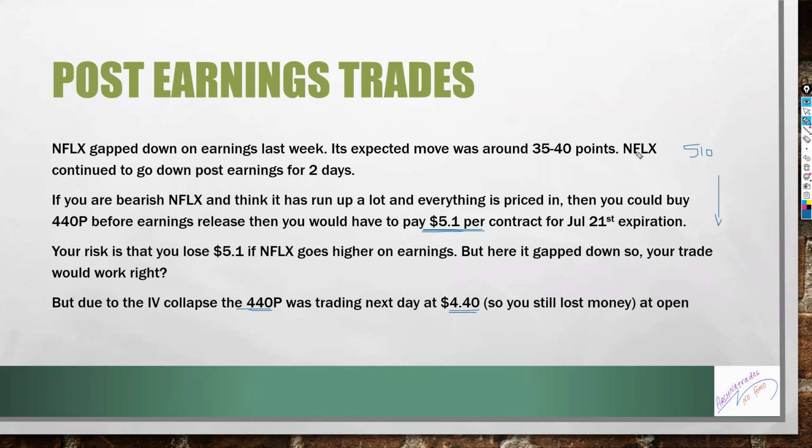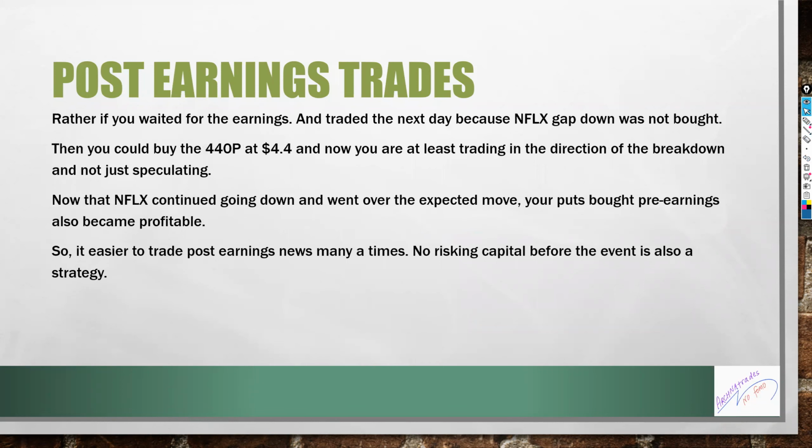But because it did an outsized move afterwards, because it was a gap down and go, the next day it kept going down. So you could have bought the 440 put at open at 4.5 and still made money. So why take a speculative trade before earnings by buying a put, which is more expensive, when you don't know the move?